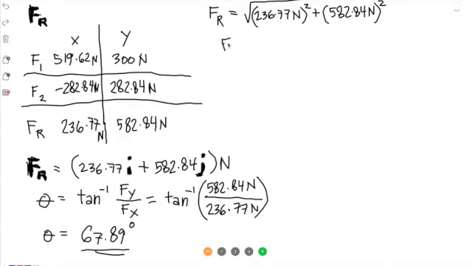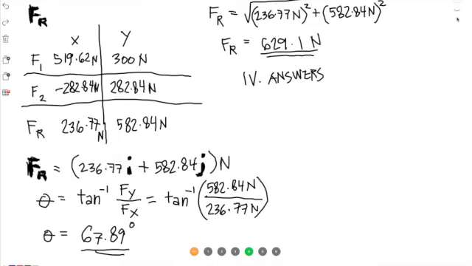Okay, so plug this in the calculator. The calculator answer would be 629.1 approximately newtons. So this would be our magnitude. So let us write that down, let's compile it as our answers.